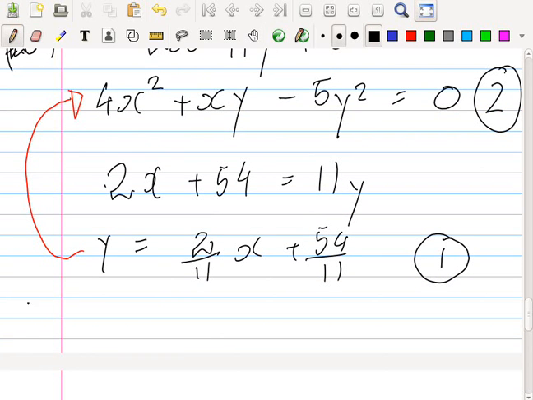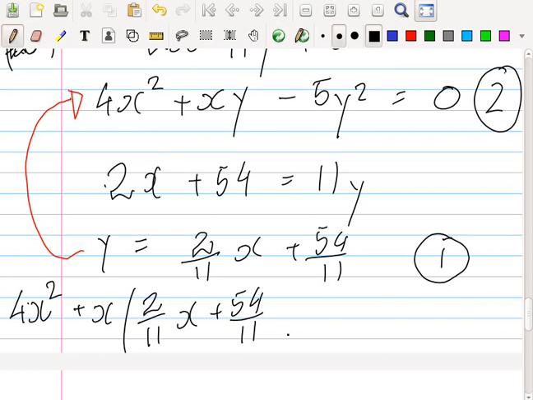So I have 4x squared plus xy, plus xy, 2 over 11x plus 54 over 11, minus 5y squared, which is 2 over 11x plus 54 over 11 squared equals 0.